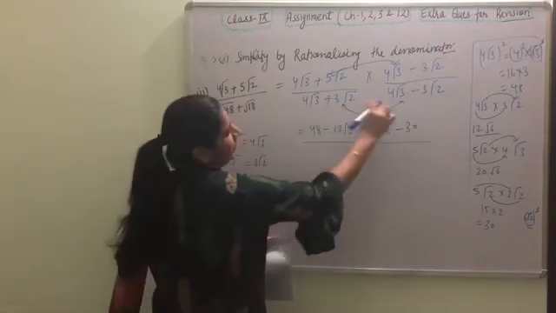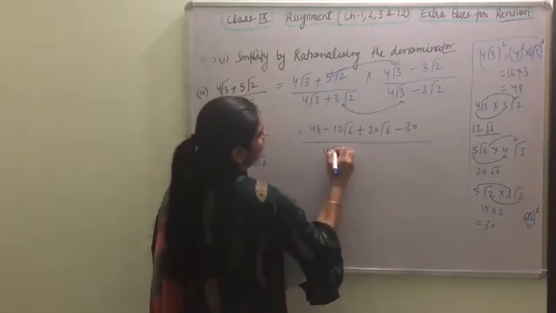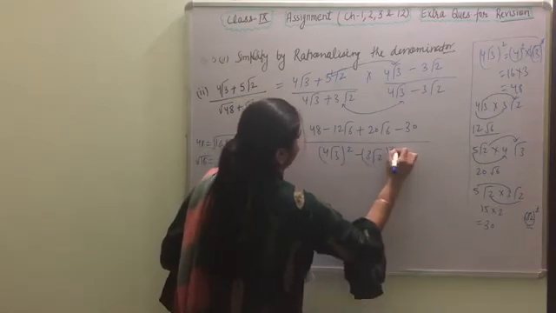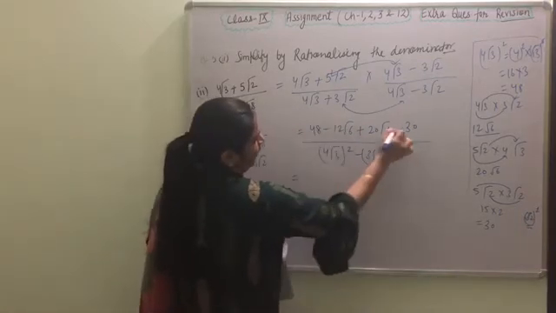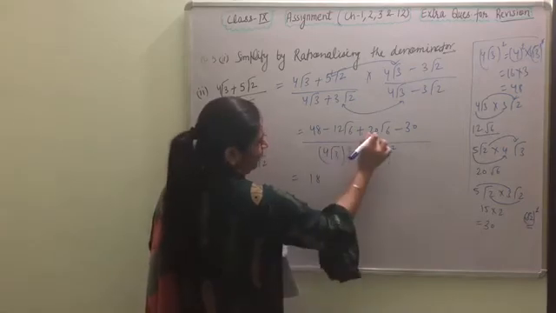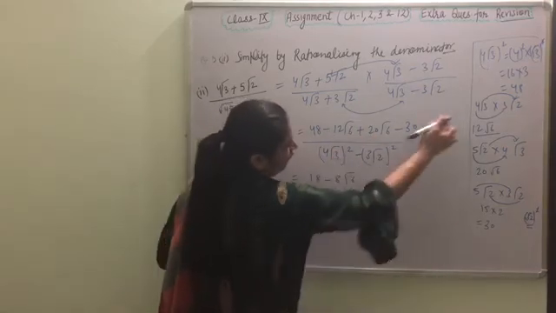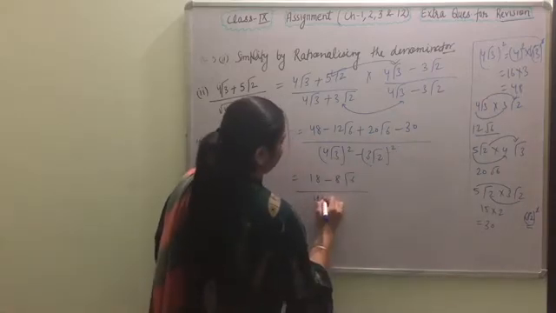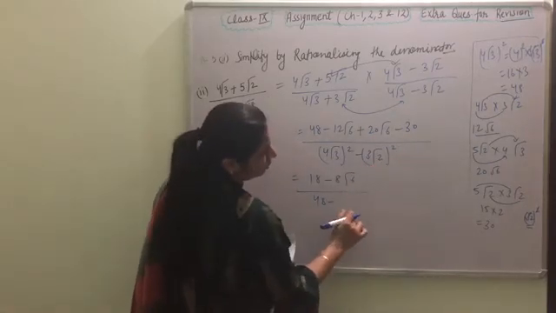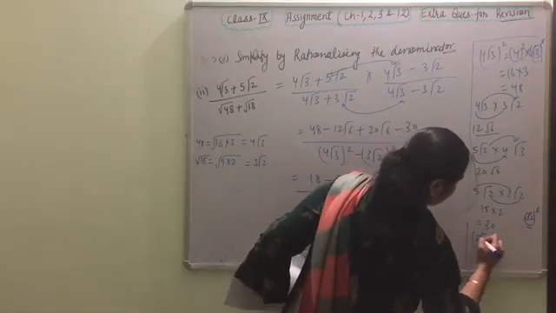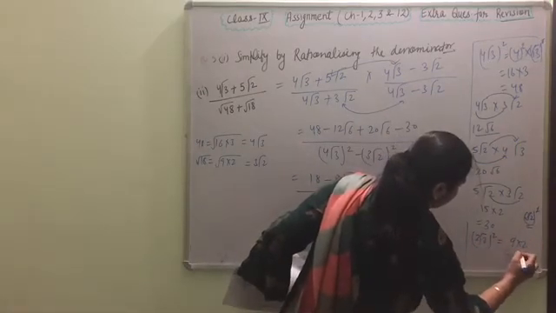Here a plus b, a minus b, a square minus b square: 4 root 3 square minus 3 root 2 square. 48 minus 30 is 18, and the terms with root 6 combine to minus 8 root 6. 4 root 3 square we already solved, which is equal to 48, and 3 root 2 square is equal to 3 square, 9 into 2, 18.